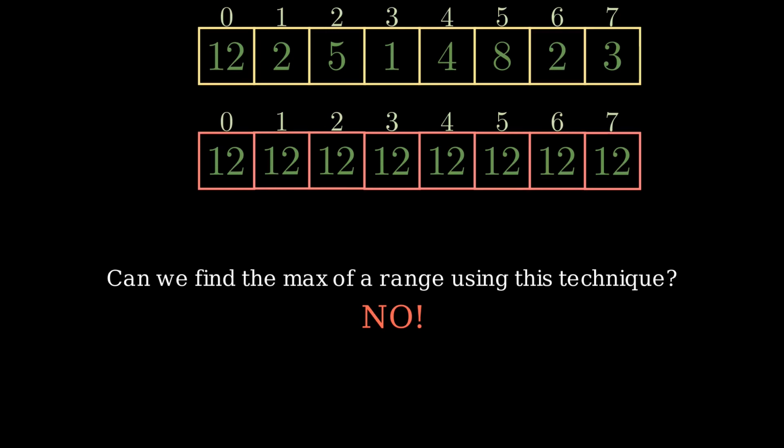So for example, at index 3 of the original array, there was a 1. There could have been a 7 there. It wouldn't have mattered. We would have gotten the same array. So constructing the prefix max this way loses data, and it makes it impossible to retrieve the original array. So unfortunately, we cannot apply the prefix sum trick to calculate the maximum value of a range.